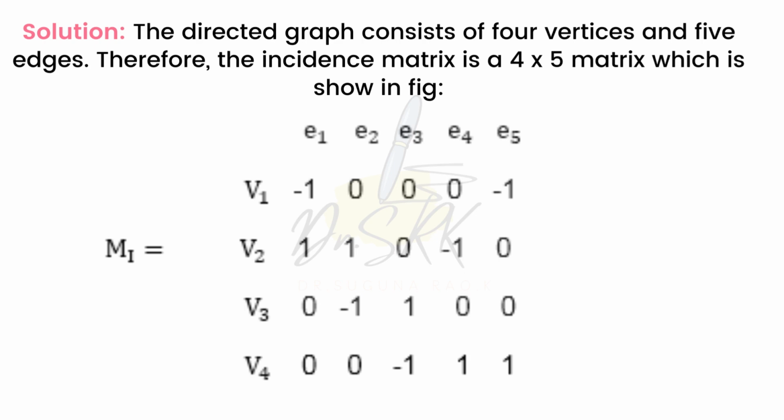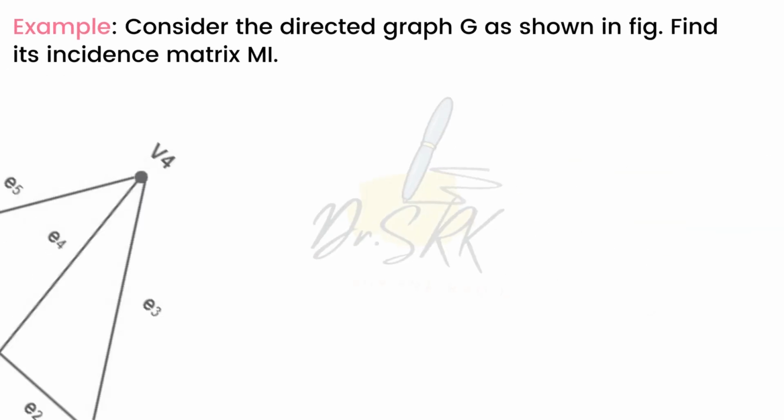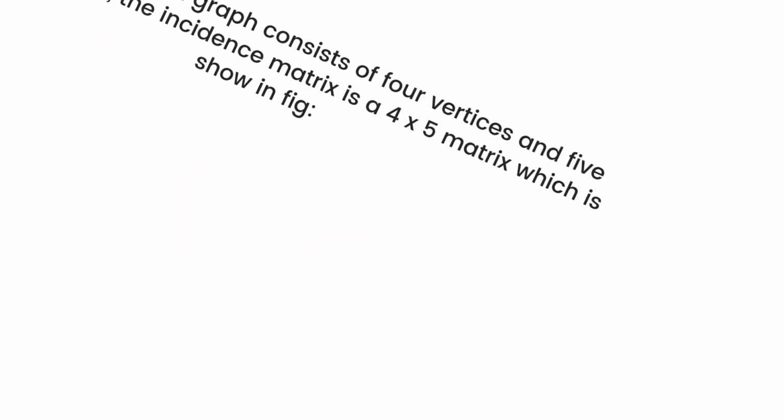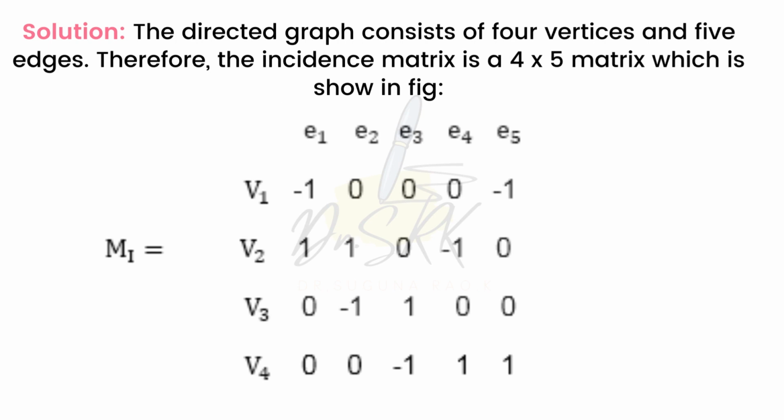And coming to first row second column element V1E2. So here for the edge E2, V1 is neither the initial vertex nor the final vertex of the edge E2. That's why I am going to write V1E2 value as 0. Like this, V1E3, V1E4, V1E5.